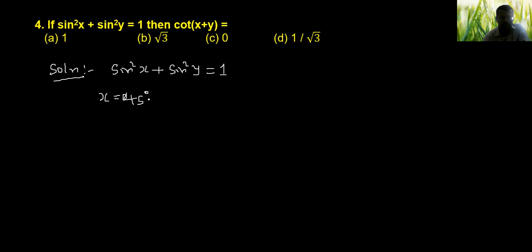So x is 45, y is 45. Then what is cot of 45 plus 45, which is 90? We know that cot 90 is 0. Therefore, option C is the answer for question number 4.